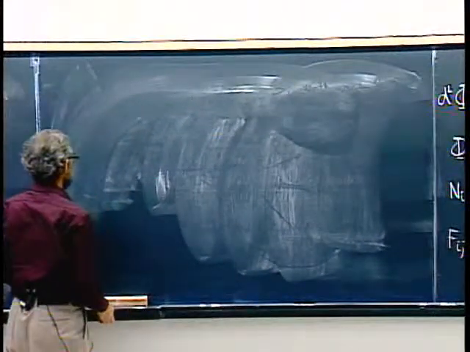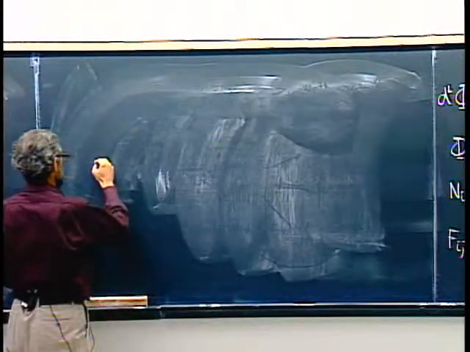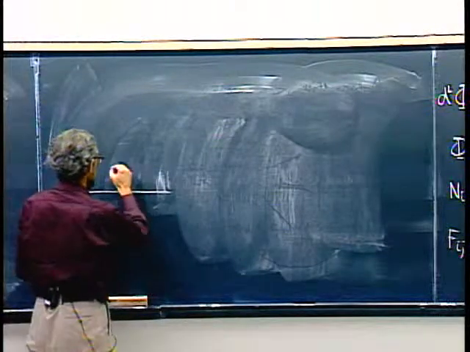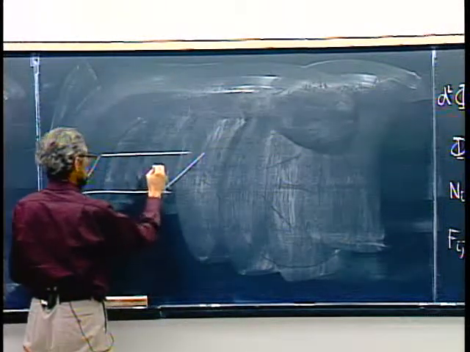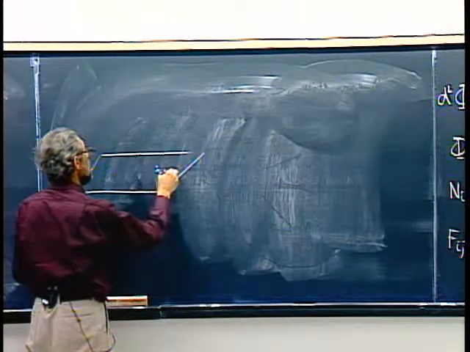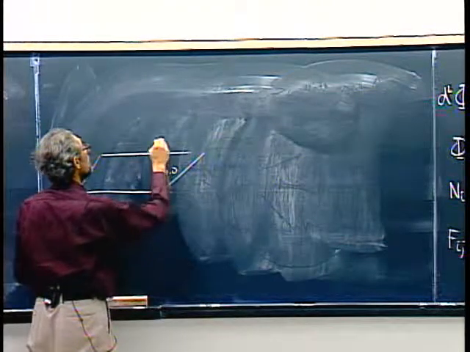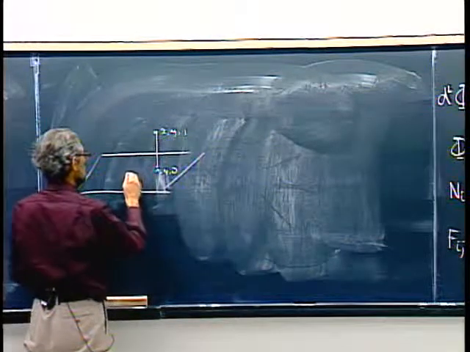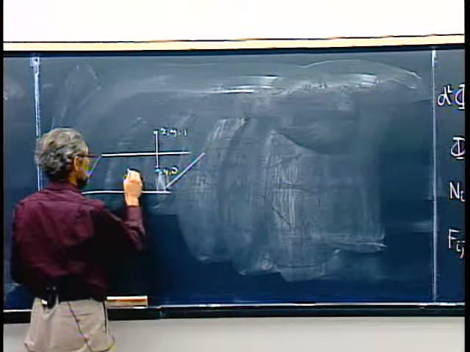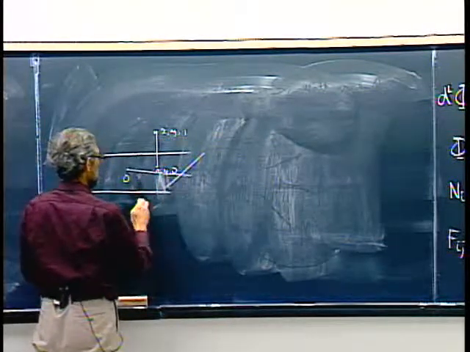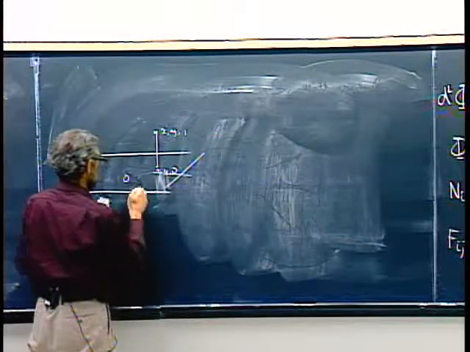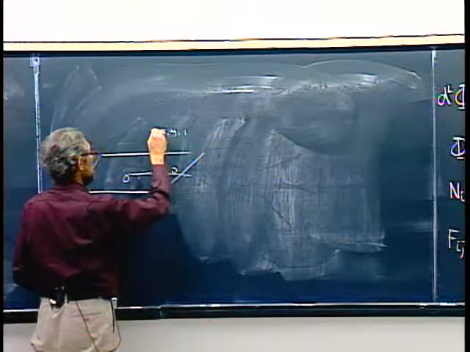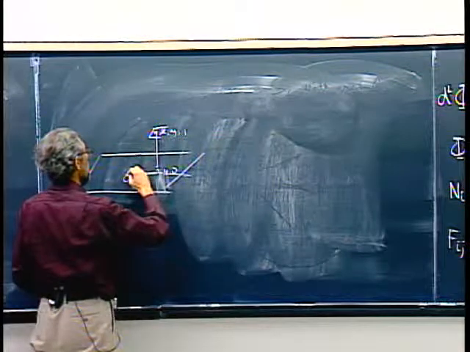Now I have to get this geometry. Here's my hemicube, here's a point x, y, 0, and here's a point above it at x, y, 1. I'm trying to find the solid angle of this little square.